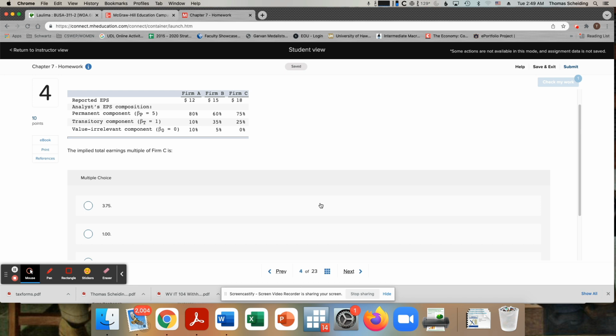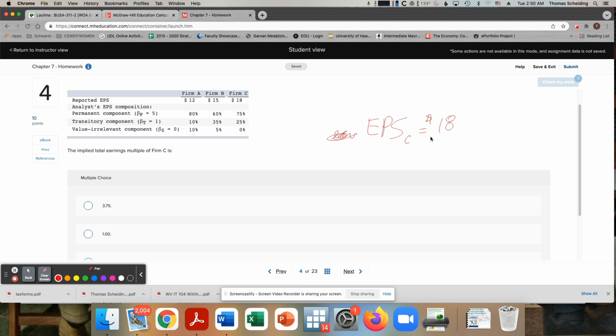For that, we can see here, the simpler part is that the earnings per share for firm C is $18.